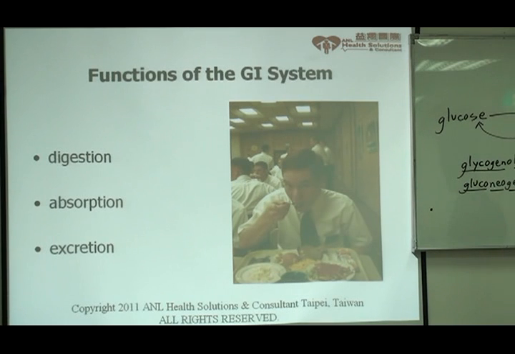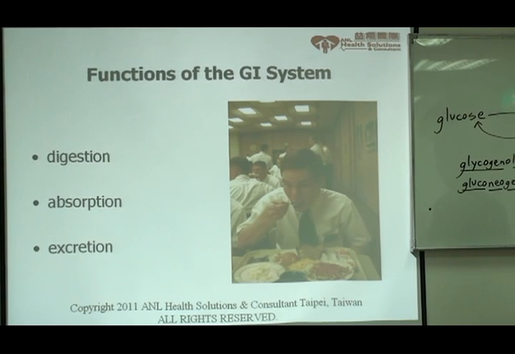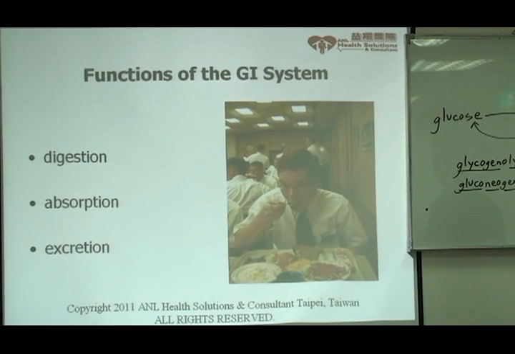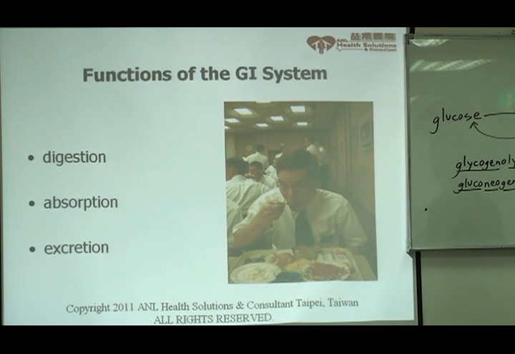An important function of your GI system: in the colon, the large intestine, you have some bacteria inside. What does the bacteria inside the colon do to your body? It is where you produce your what? Vitamin K.